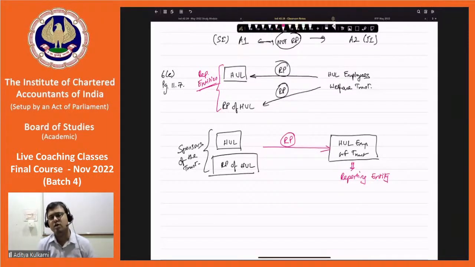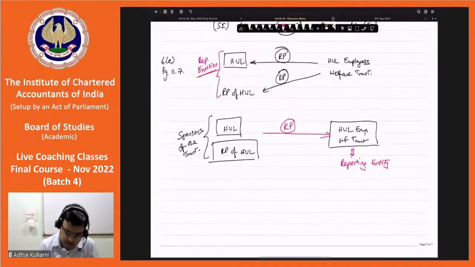And therefore, please focus on the theory also. Even in exams, when you solve the questions, please write the theory that relates to that question. That will be a very positive factor in the examiner knowing that you have understood the standard very well. Okay. So this is 6E.